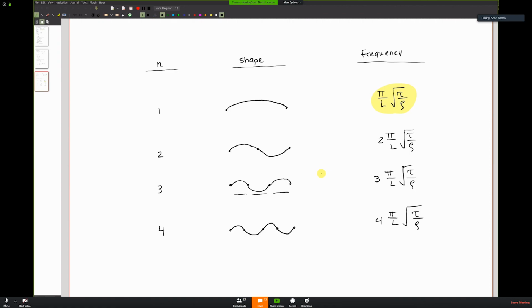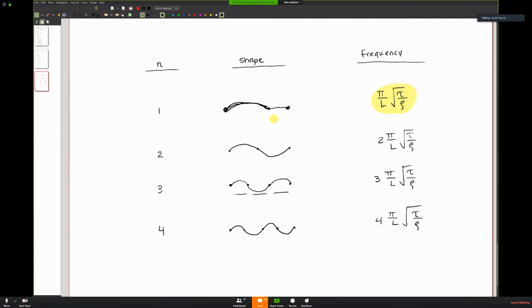Normally the string is anchored at the left hand side and the right hand side, but if you put your finger down partway up the fingerboard, only this part right here is vibrating, and this part is just hanging around. So you've effectively changed the length of the string.